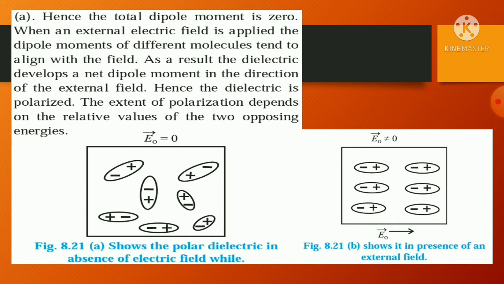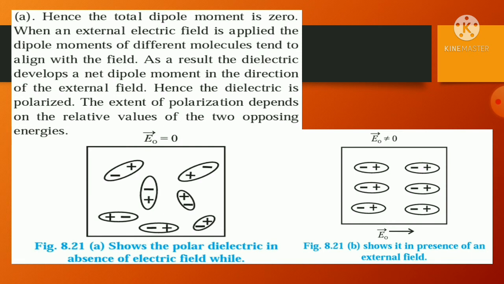Hence, the total dipole moment is zero, because whenever the external electric field is absent, all the electric dipole moments are randomly oriented in all possible directions.